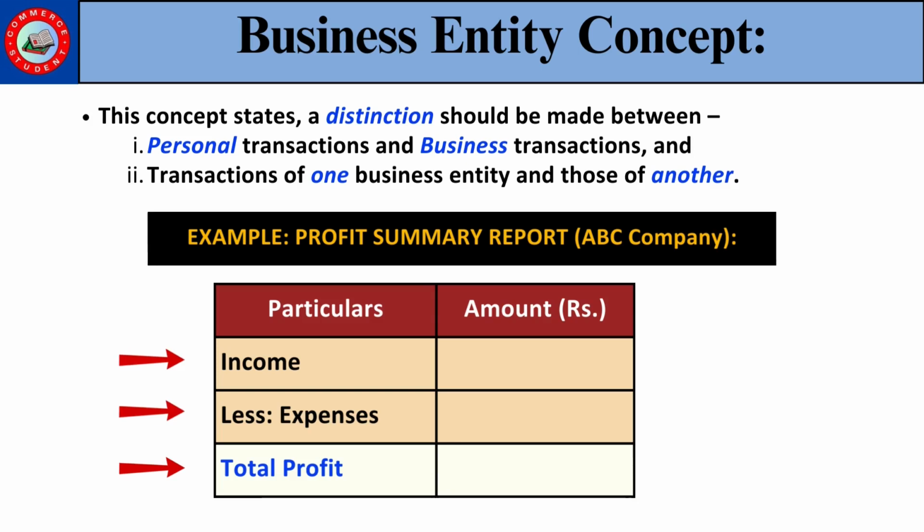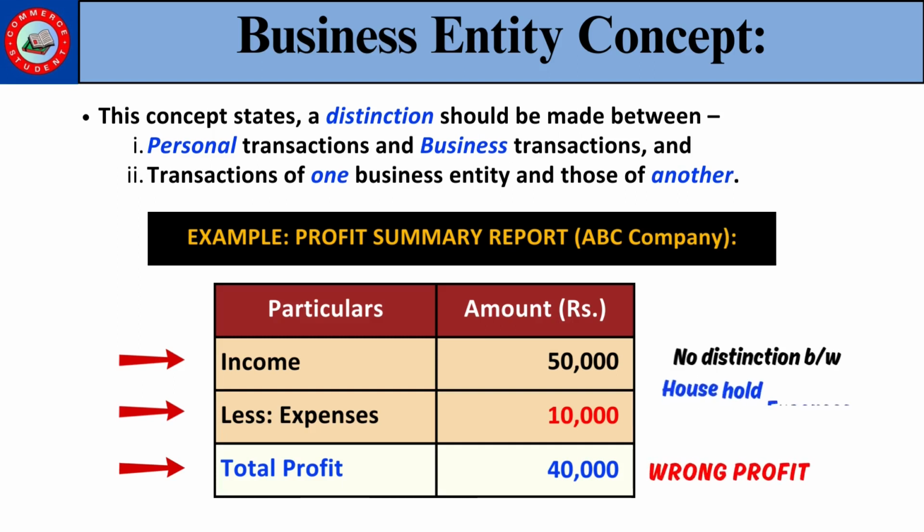Say the income of the business is 50,000 rupees, and if the household expenses of the owner, which are 10,000 rupees, are shown as business expenses, then the profits of the business will be understated to the extent of 10,000 rupees, which is a wrong figure, because the distinction between personal transactions and business transactions was not made. Therefore, such distinction or separation will help accounting in reporting profitability more accurately and fairly.